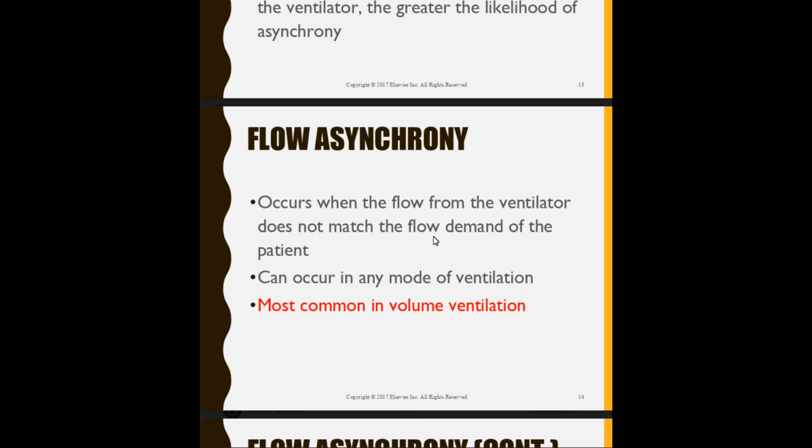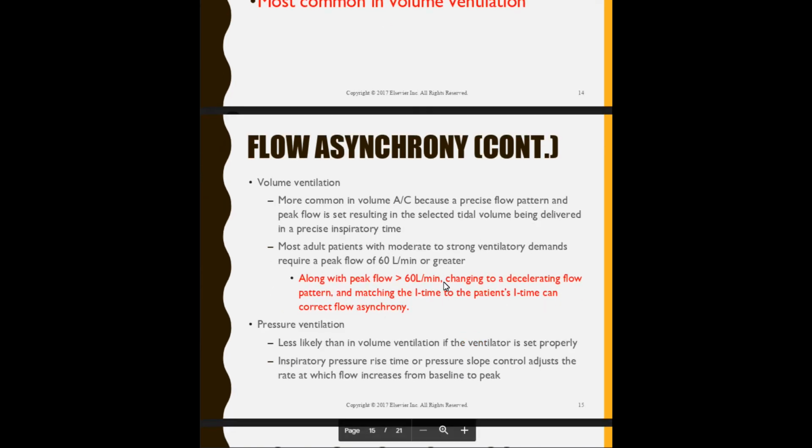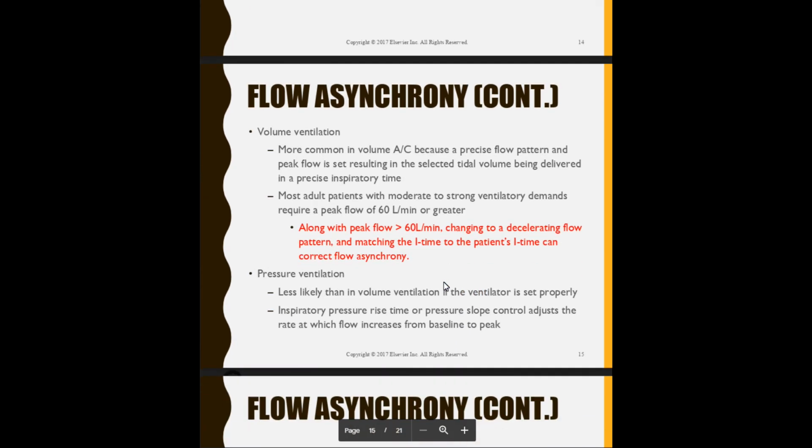Okay. So again, flow asynchrony can happen in any mode. The most common is volume ventilation, particularly CMV or AC, because we control flow. So all you've got to do to fix this is just increase the flow.